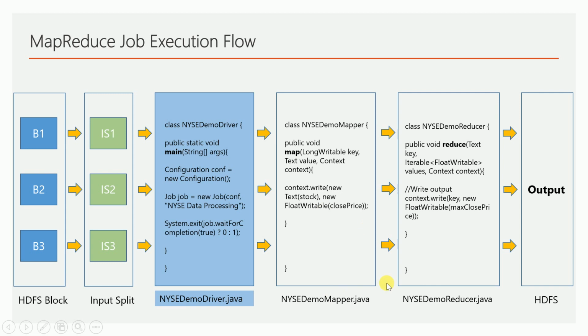Then there will be a shuffle phase, which does the grouping based on the key from the mapper output and groups the values. Each key with its list of values is given to the reducer process, the reduce function. Then it does the aggregation and writes to HDFS. So this is the overall flow.